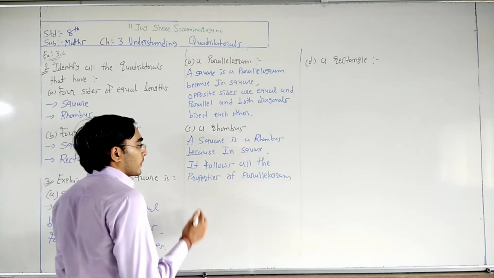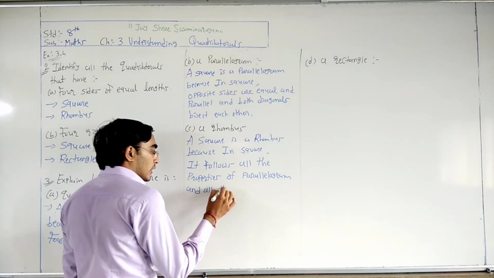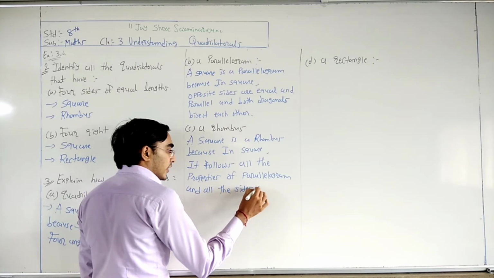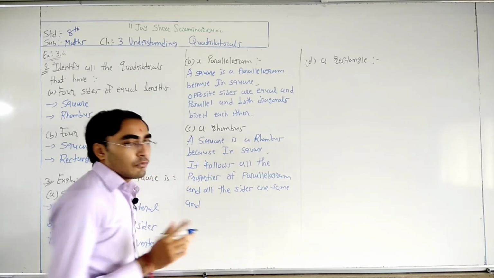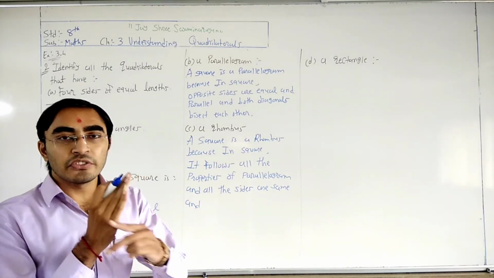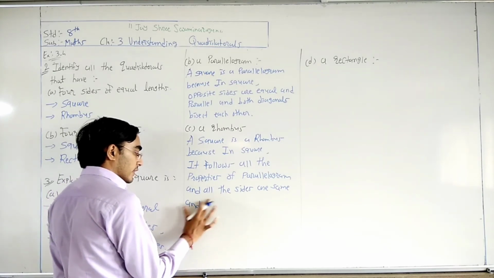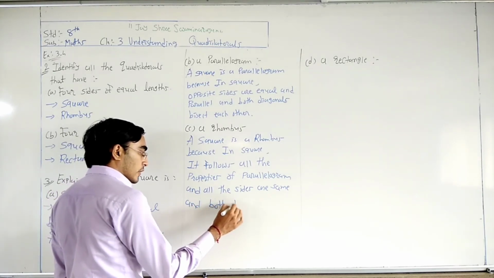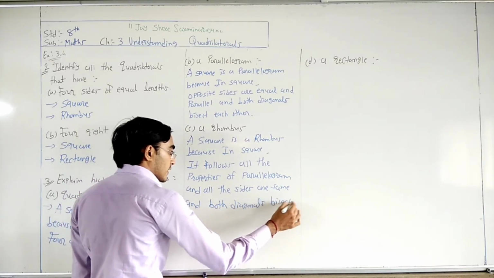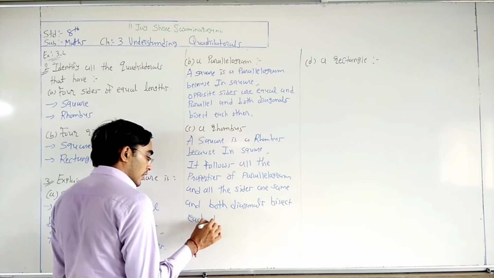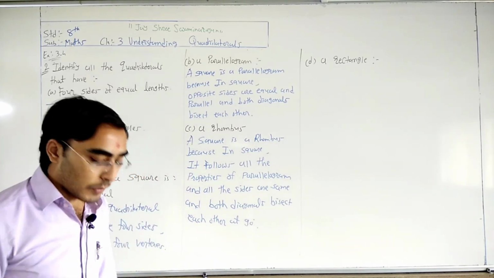All four sides are the same. And for a rhombus, what we want, diagonals bisect each other at 90 degrees, and both diagonals bisect each other at 90 degrees. That's why a square is a rhombus.